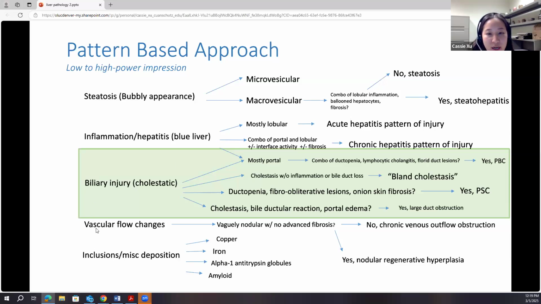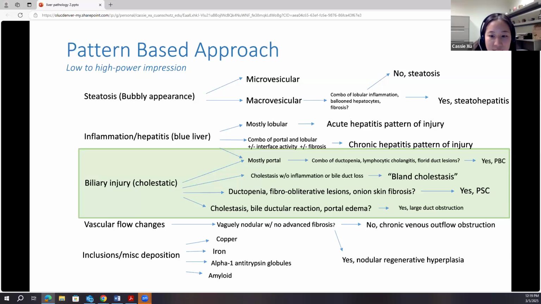So the main categories that I think of, this is a relatively simplified way of looking at it, but I think of, does the liver look bubbly? Is there a lot of steatosis? Does the liver look inflamed? Does it look blue? Where is this inflammation? Is it in the portal tracts? Is it in the lobules? Does this look more like a biliary injury?